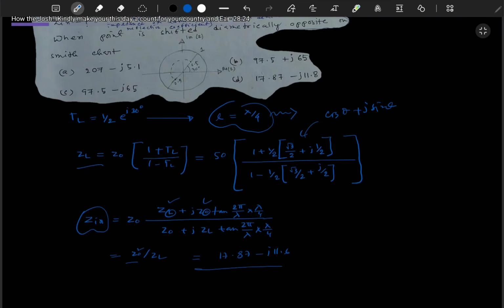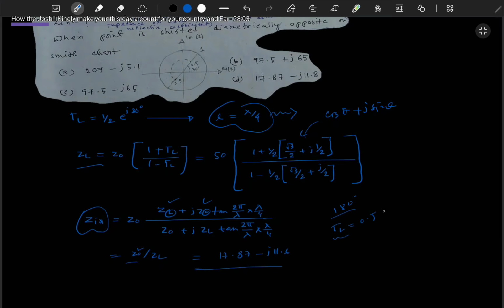Another way is also there. There we can add 180 degree in the gamma L, the reflection coefficient angle.